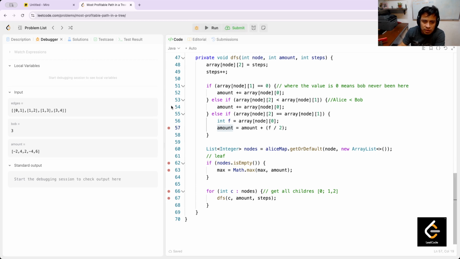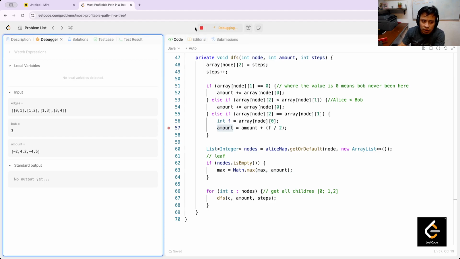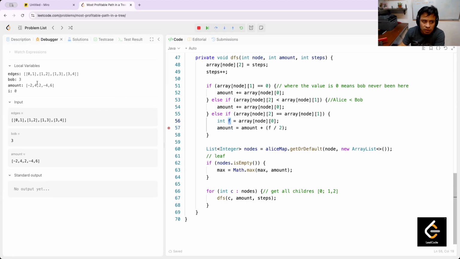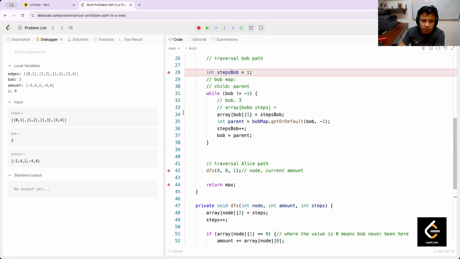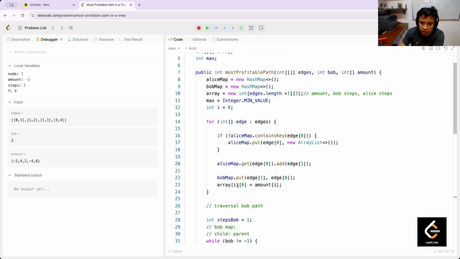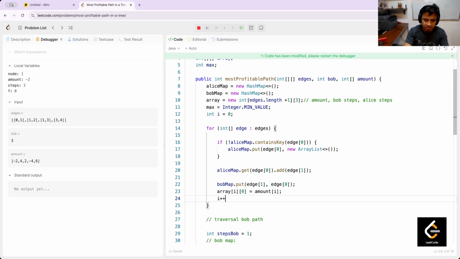Why is it less 2 and not 0? What is here? F is 0. Why is it 0? Node is 1 in the array, in the index. Is this because all the time it is 0?